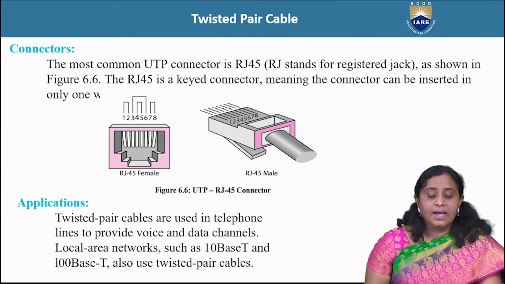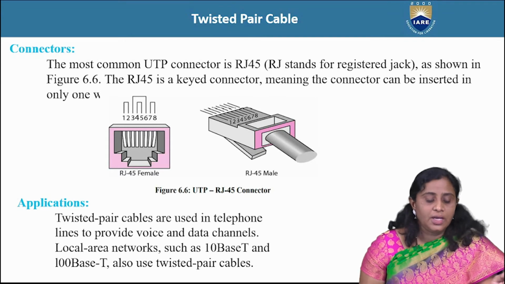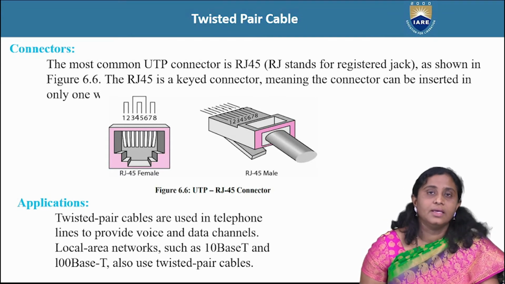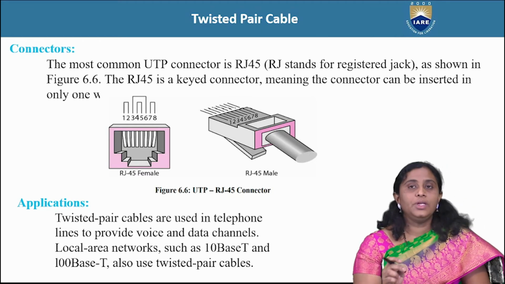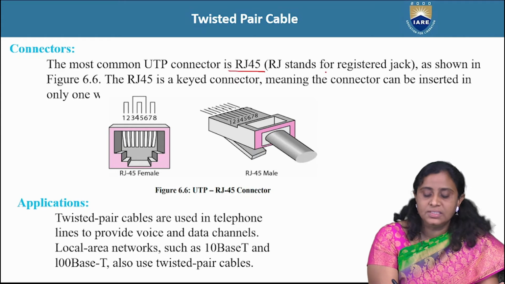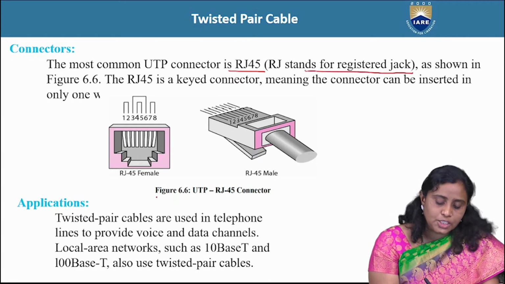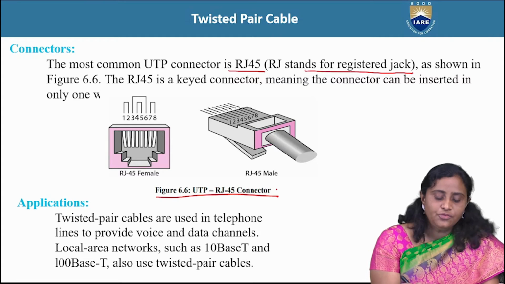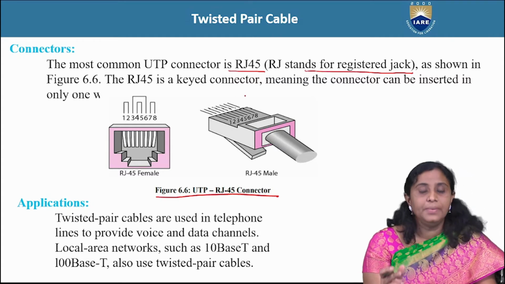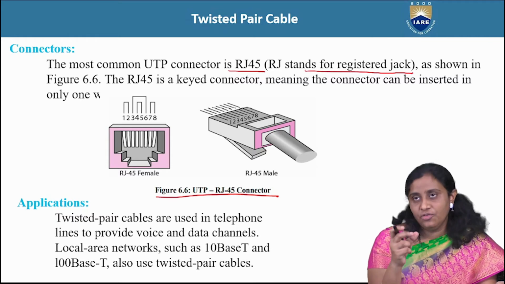Coming to the types of connectors used with twisted pair cable, the most common UTP connector is the RJ45, where RJ stands for registered jack. As shown in Figure 6.6, the RJ45 is a keyed connector, meaning the connector can be inserted in only one direction.